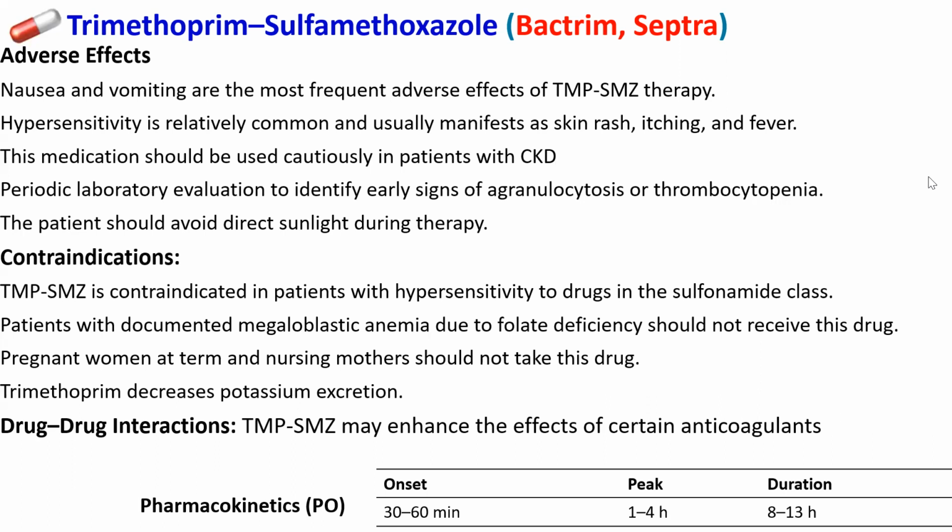Periodic lab evaluation of the blood is usually performed so we can identify early signs or manifestations of agranulocytosis or thrombocytopenia. And due to the potential for photosensitivity, the patient should avoid direct sunlight during therapy.